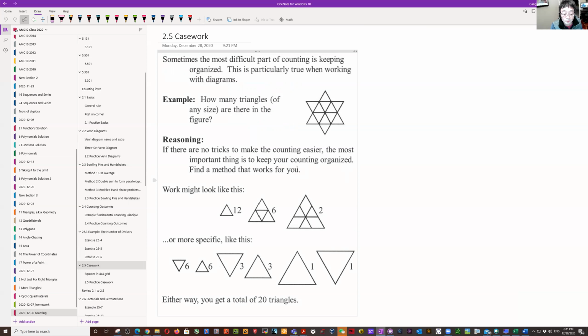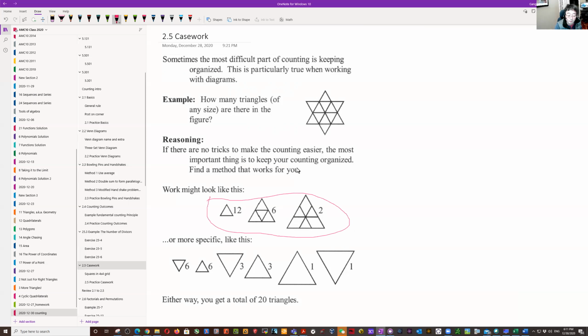We can divide it in several ways. One way is that the little triangles can face up or face down. This is 1, 2, 3, 4, 5. So 1 plus 5 plus 5 plus 1, that's going to be 12.